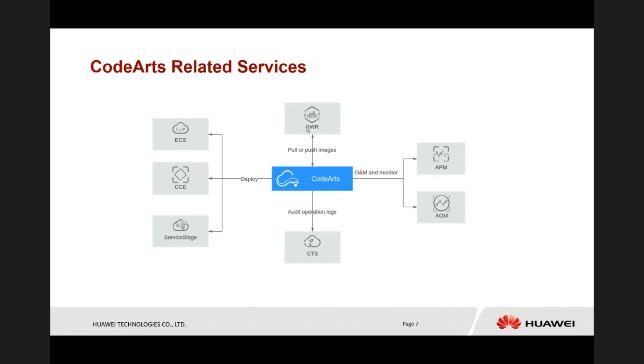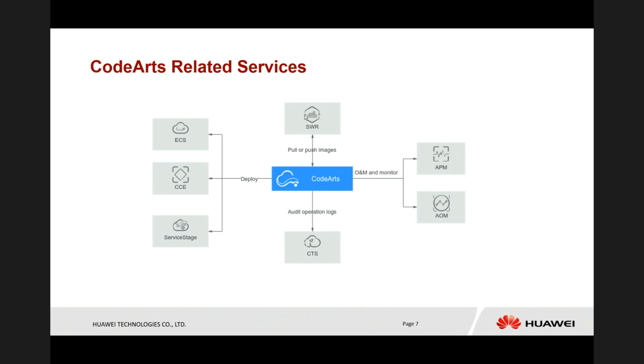You can see here some of the CodeArts-related services. We have SWR: once you use CodeArts Build to build your image, the image will be stored in SWR, where you can pull or push images.